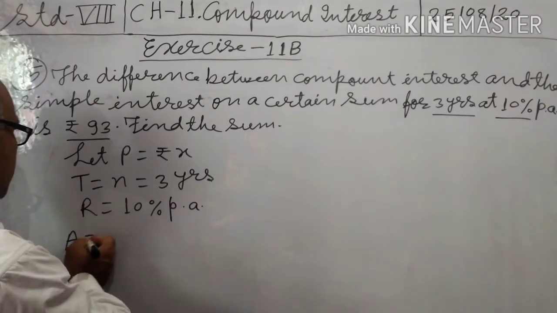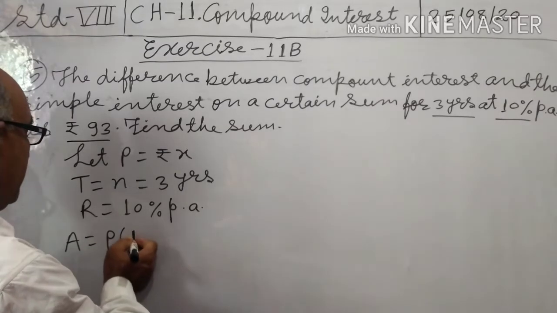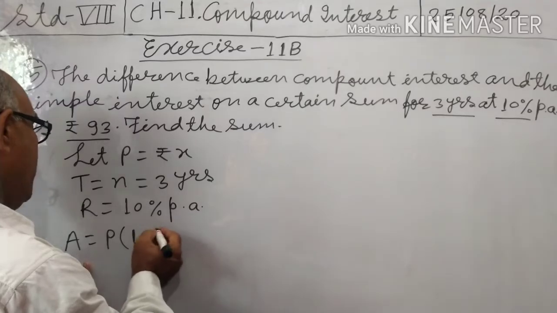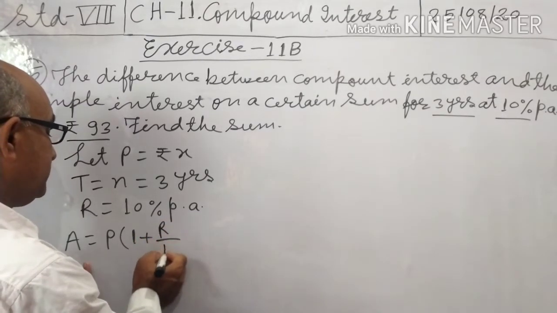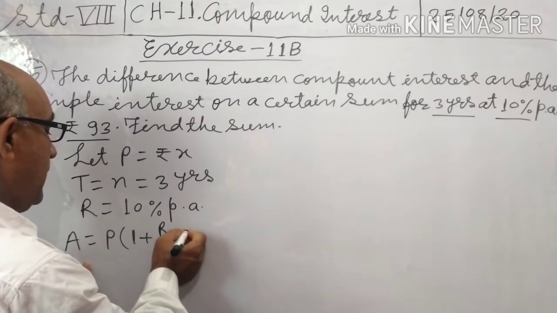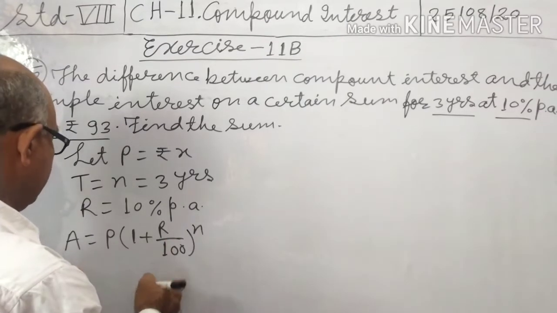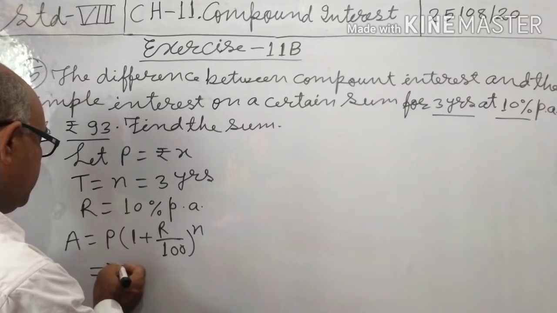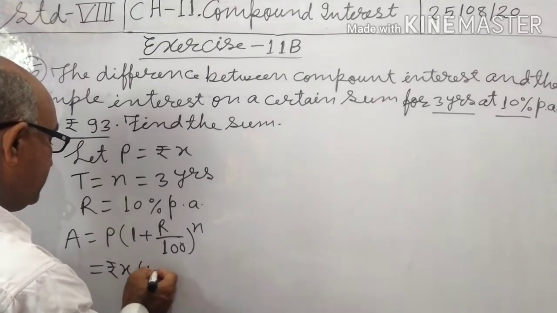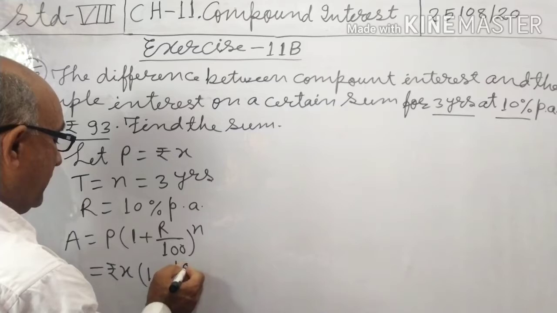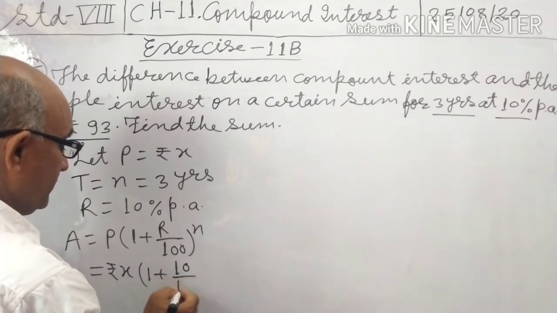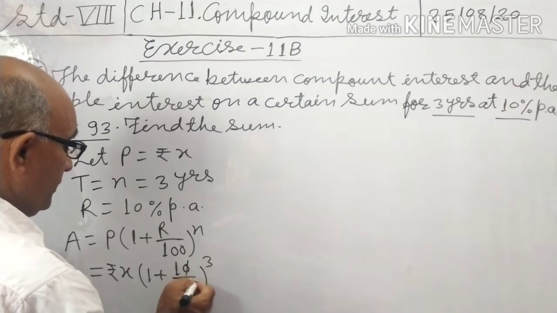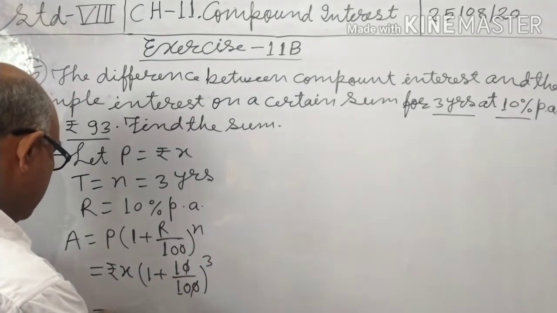Find A equal to P into 1 plus R by 100 to the power N equal to rupees X into 1 plus R equal to 10%. So 10 by 100 to the power 3. 10 and 10 cancel.